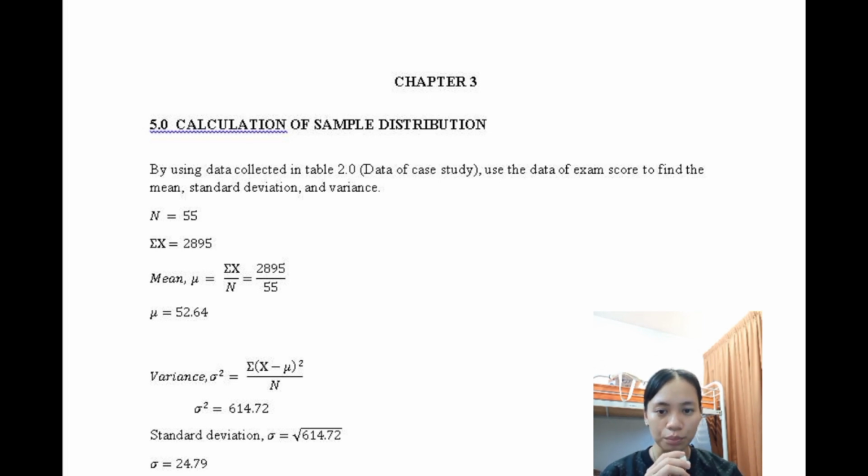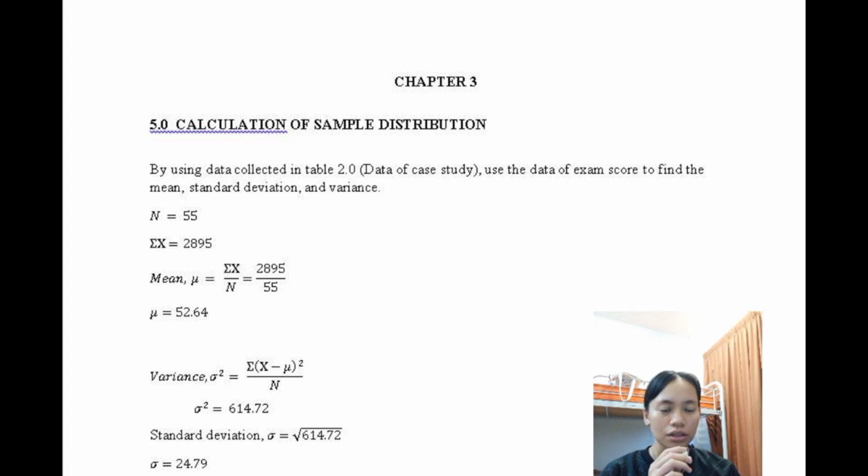So for this population data, the size of the population is 55, which means there are 55 students and there are 55 exam scores that will be calculated, and the total of the exam scores is 2,895.